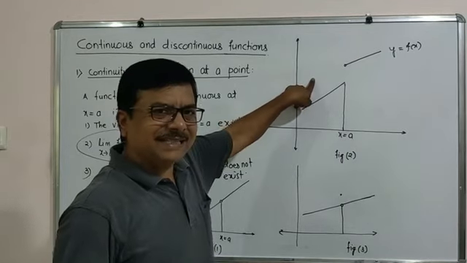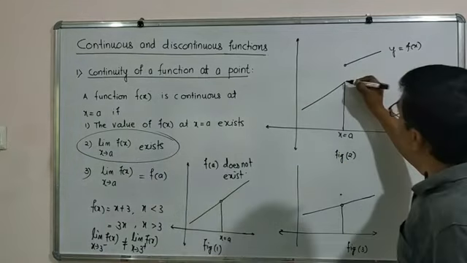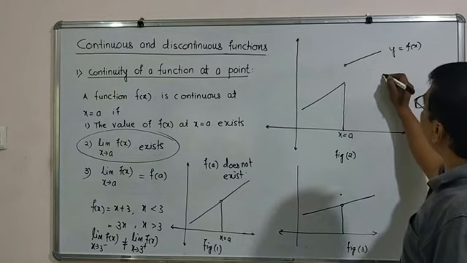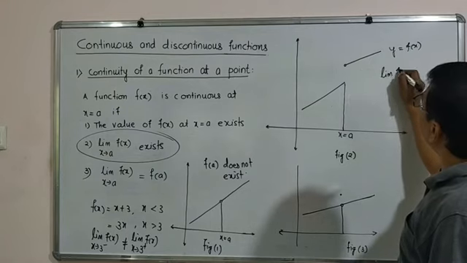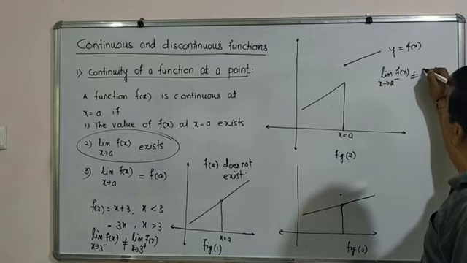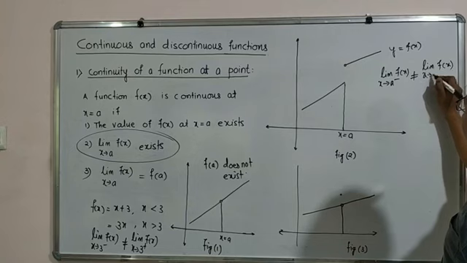If you observe this second figure, what can you observe? Look at this. Here the left hand limit and right hand limit are not equal. Limit of f of x as x tends to a minus is not equal to limit of f of x as x tends to a plus.